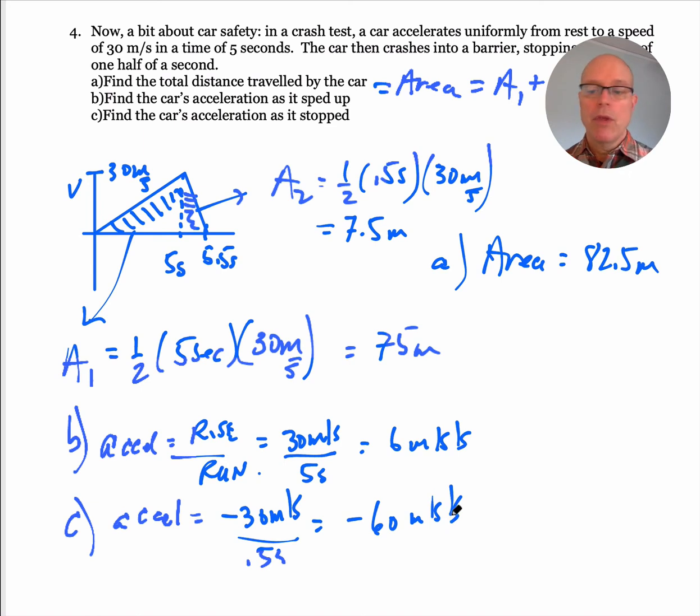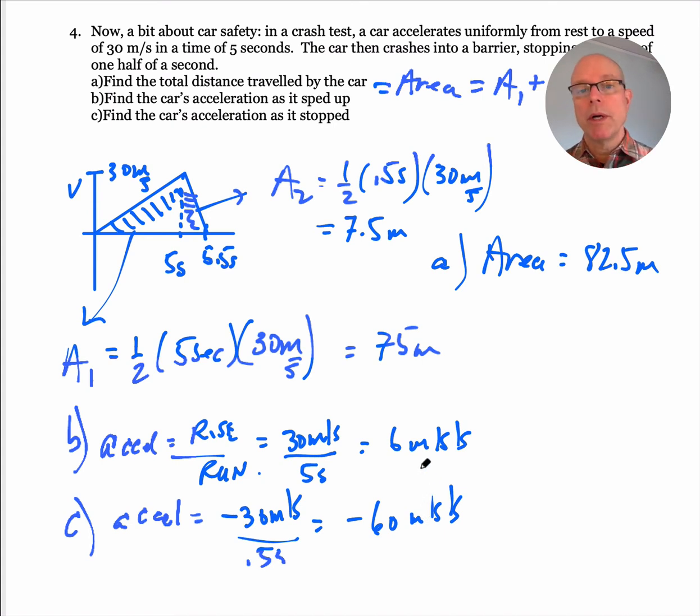So what do you learn from that? A negative acceleration will fight a positive velocity. And that's why this velocity line came down so hard, because the acceleration was negative and it was a big number. Okay?